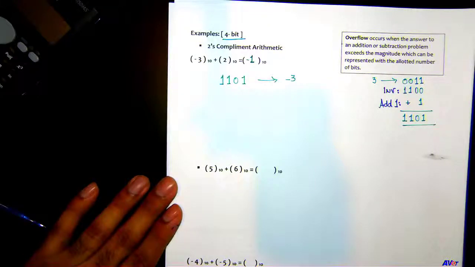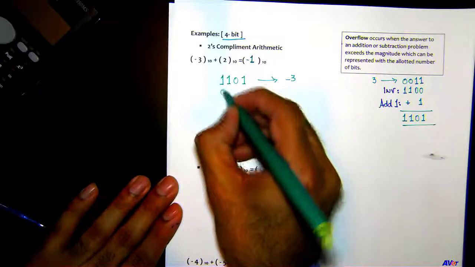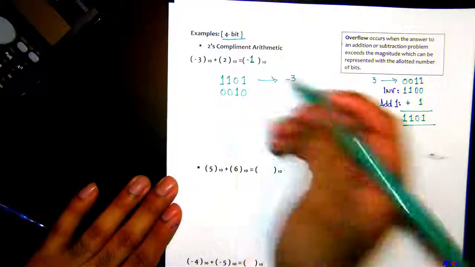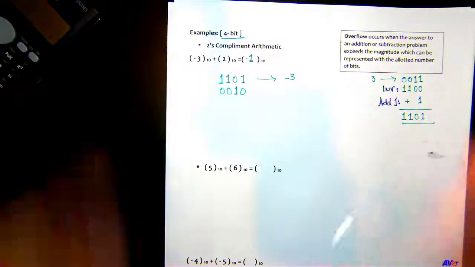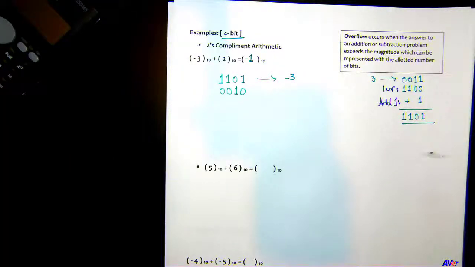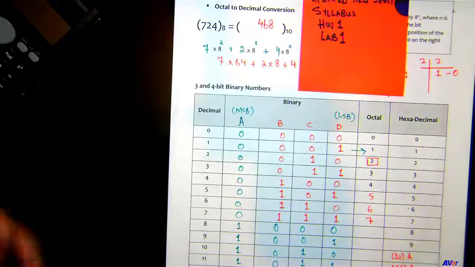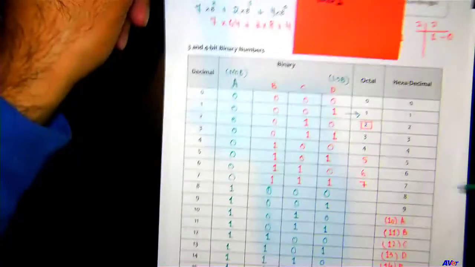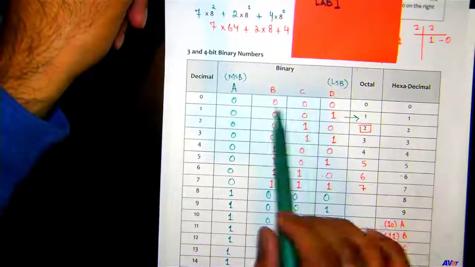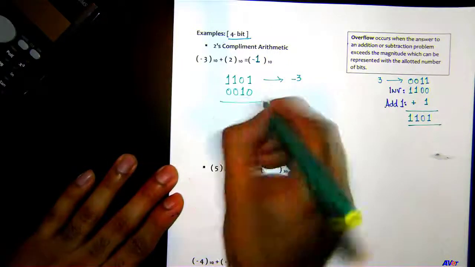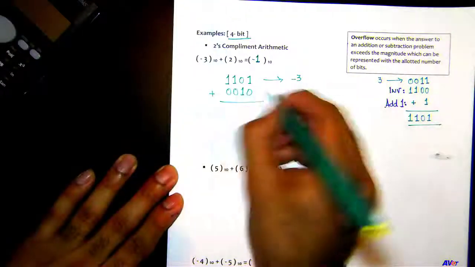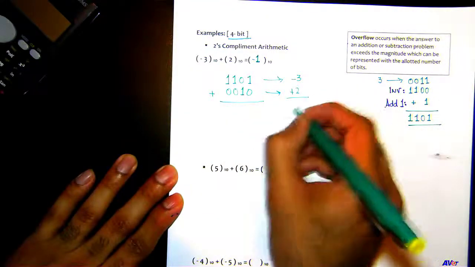Yes. 0010. Okay. We don't give any special treatment to any unsigned number, positive number. Positive numbers are pretty much going to be the same. If you remember, we did this table. So all the unsigned numbers are going to be the same. So 0 is 0000 in a 4-bit system. 1 is 0001. We don't give any special treatment to the unsigned numbers. Okay. All right. So we add these, and this is +2, get -1.